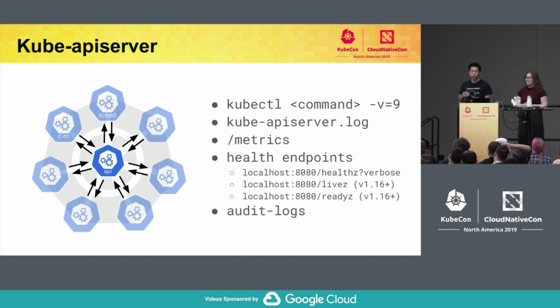So if we set our log verbosity high enough, we're going to be able to see all of the requests that go through the API server. This makes the Kube-apiserver logs a terrific source of data to mine, since unlike the controller manager and scheduler logs, where we only see controller manager and scheduler things, in API server logs, we will see controller manager things, scheduler things, and basically anything else that interacts with the Kube-apiserver.